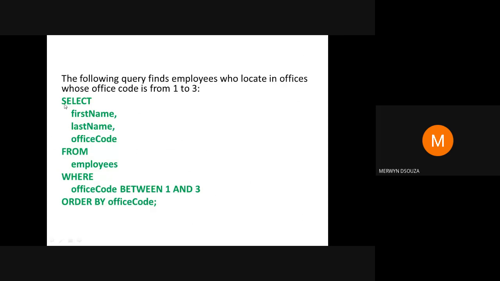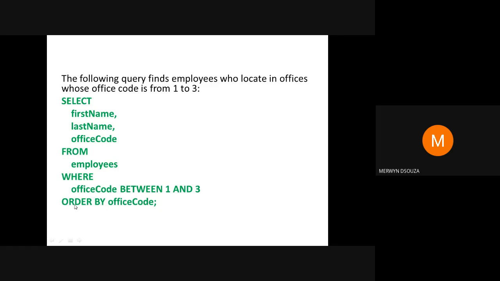We'll write the query: select first name, last name, office code from the table employees, where we mention the name of the column, office code between 1 and 3. So this will display all the employees having the office code between 1 and 3.